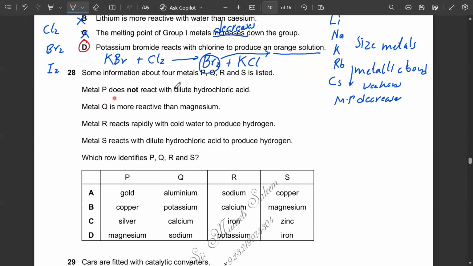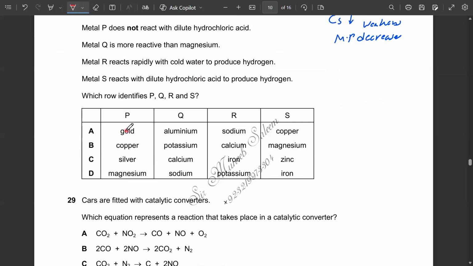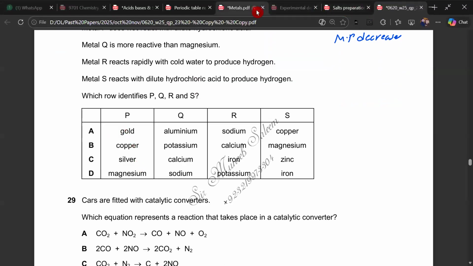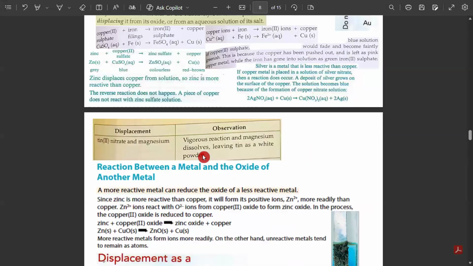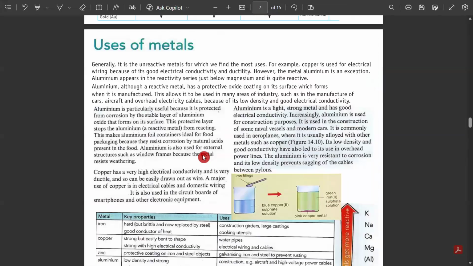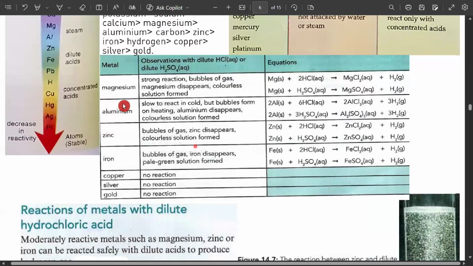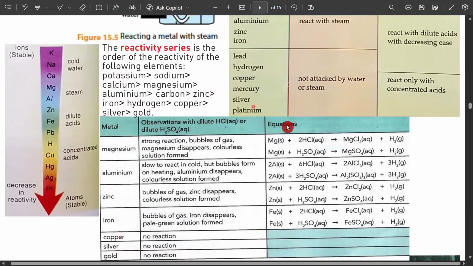So what is P here? P does not react with dilute hydrochloric acid. It can be gold, copper, or silver, because we refer to the chapter on metals to identify the metals. Here in this table, you can see the reactions of the metals with dilute HCl and dilute H2SO4. In this column we have copper, silver, gold. All these three elements do not react with HCl.